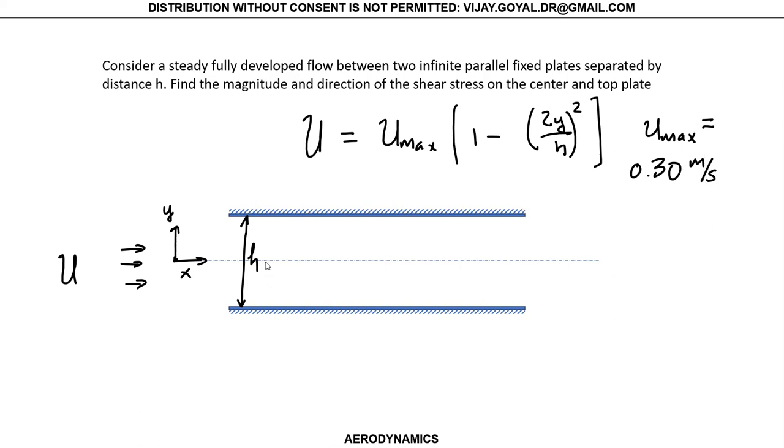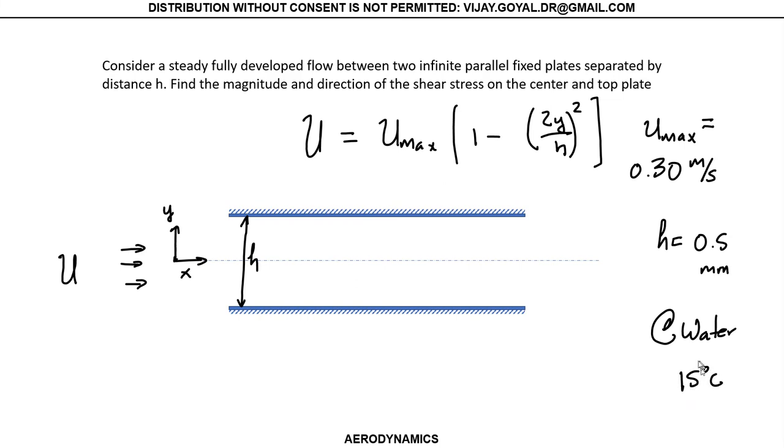We know that your distance h is equal to 0.5 millimeters. And we know that this is water, at 15 degrees Celsius.